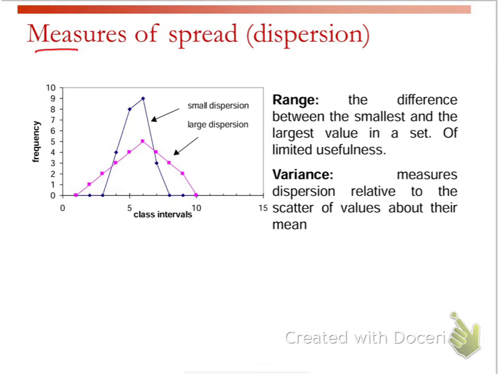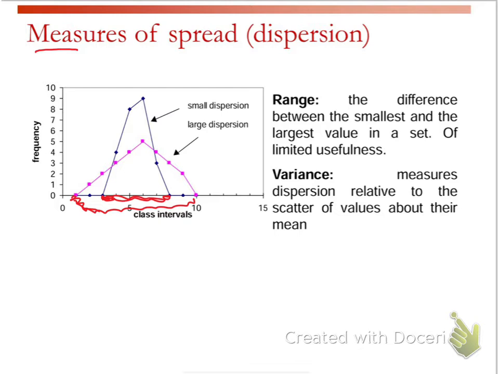In this sample, the data is spread from here to here, over a long distance. So this is called dispersion: how far the data are spread out.